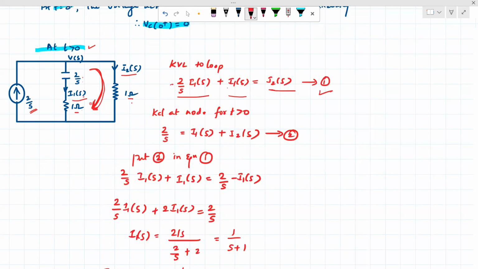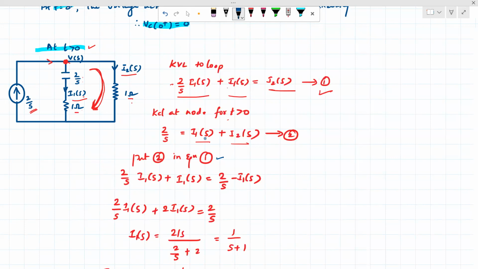Then KCL at the node for t greater than 0. The incoming current is 2 by S, and I1 of S and I2 of S are outgoing, so incoming current is equal to outgoing current. Now put the value of equation 2 in equation 1.